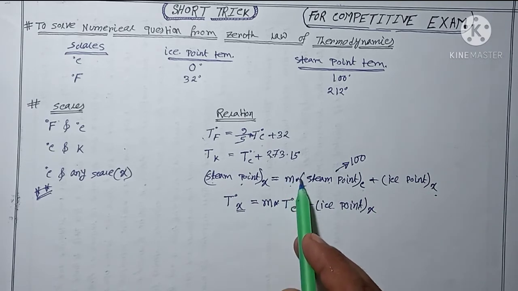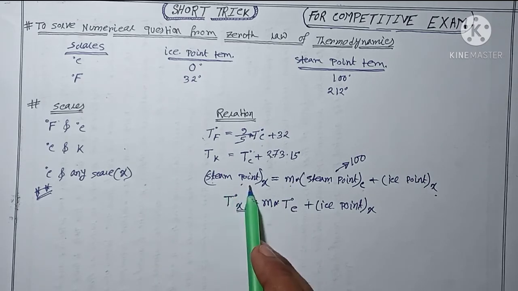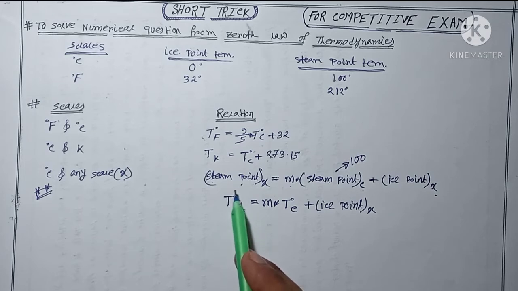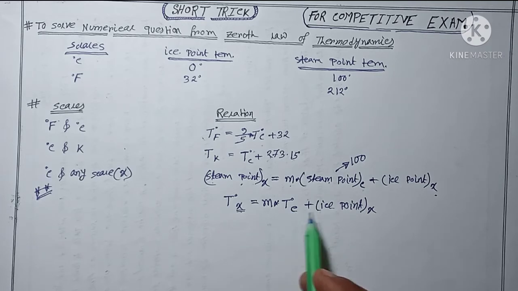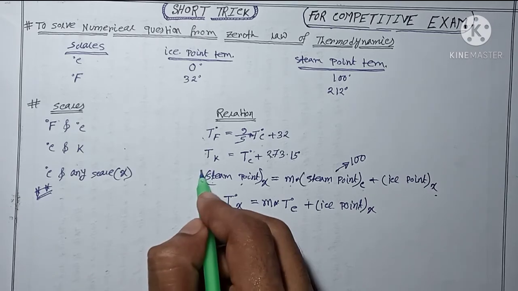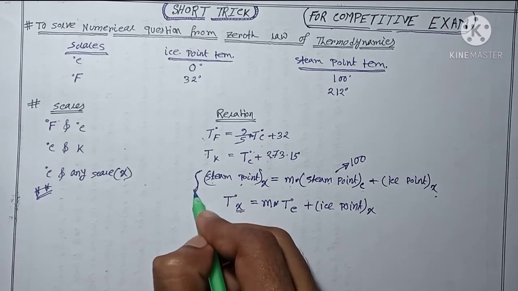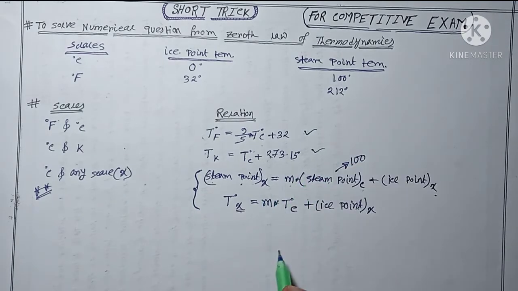From here, after finding the value of m, simply replace the steam point temperature by any temperature found in X scale, and corresponding to this temperature in X scale you can find the temperature in degree Celsius scale. These two relations you have to remember, and the earlier relation we already know. So this concept is clear.